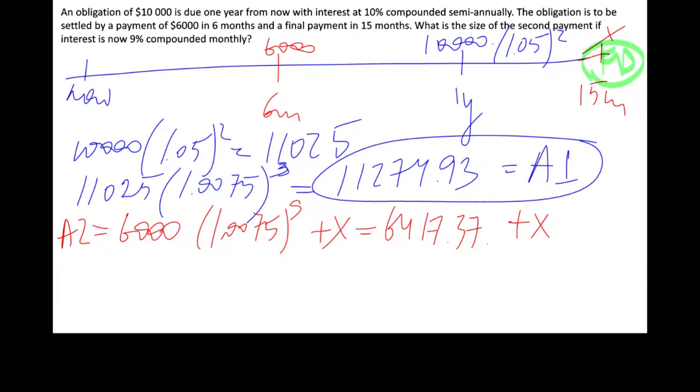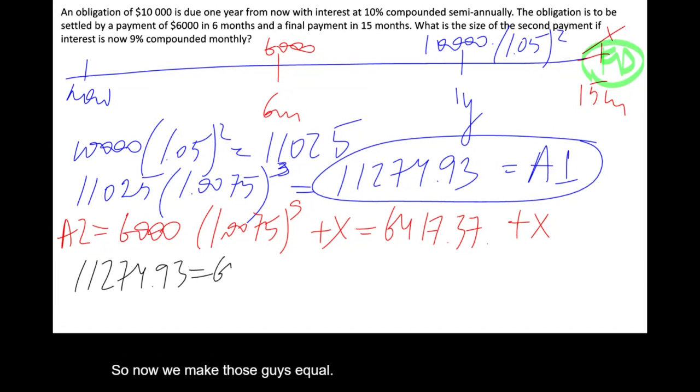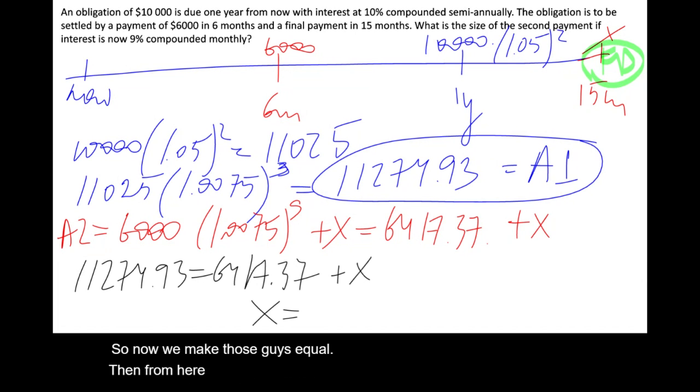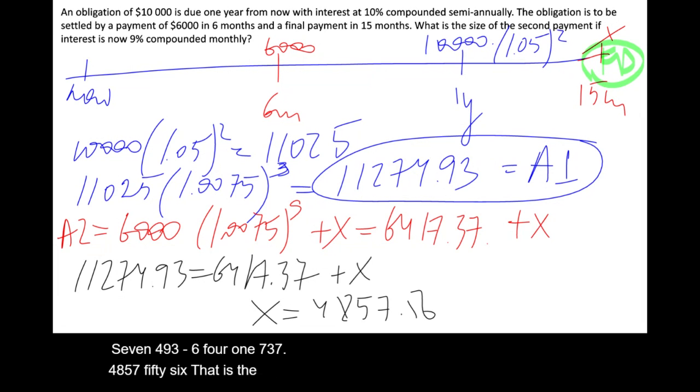Okay, so now we make those equal. And from here, X is what? 7493 minus 6417.37, 1075.56. That is the final answer. Do you have the same number, people?